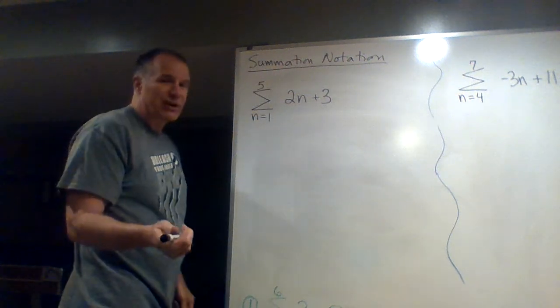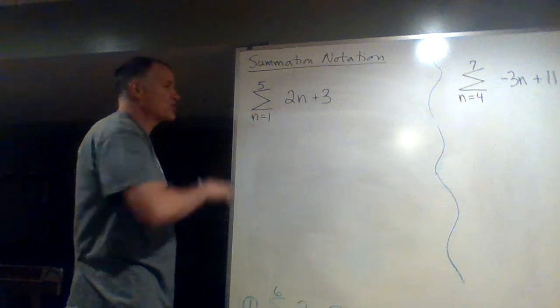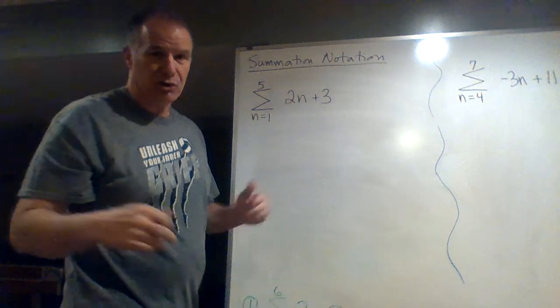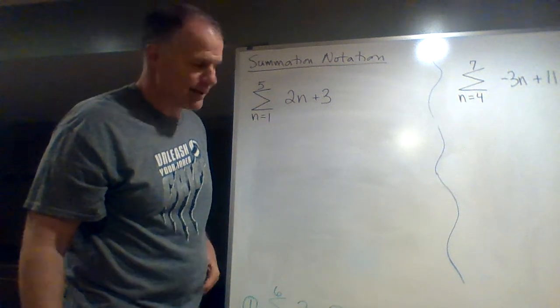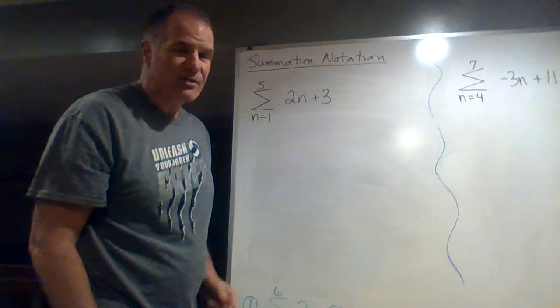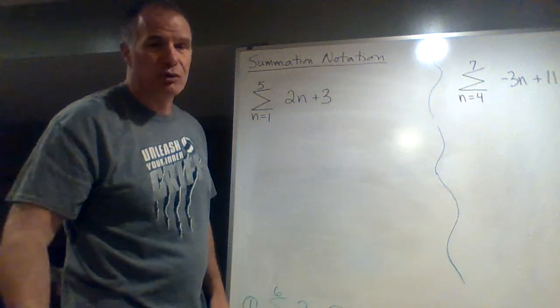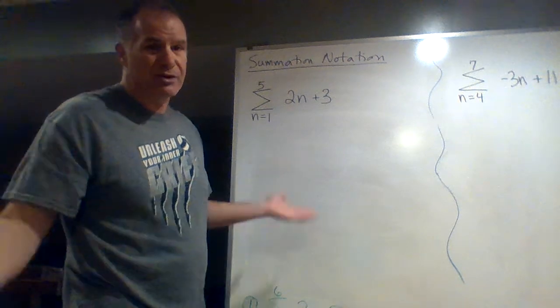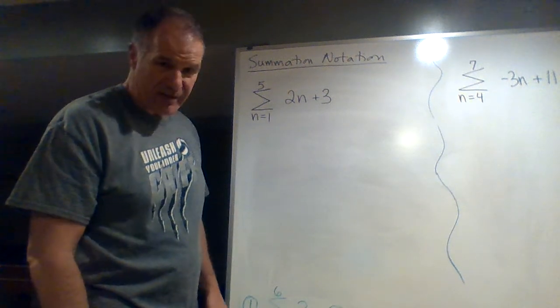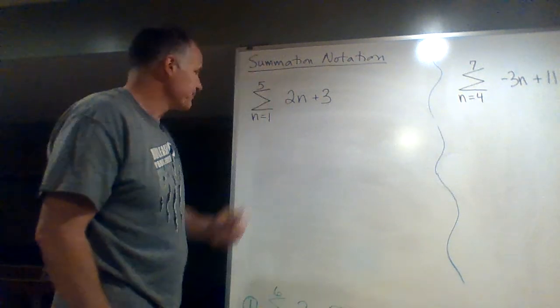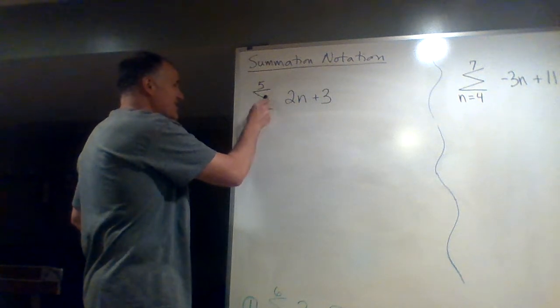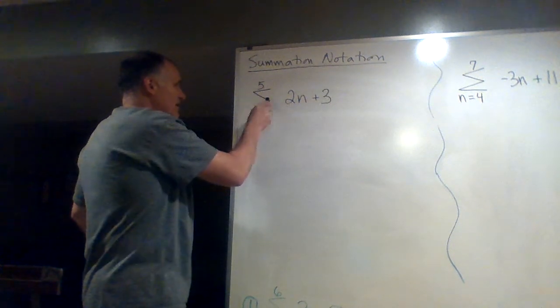Now, I've talked about this a lot, where most math was created by those Greek guys years ago. One of the things they used was Greek symbols, because their alphabet was Greek. So this is the sigma letter.